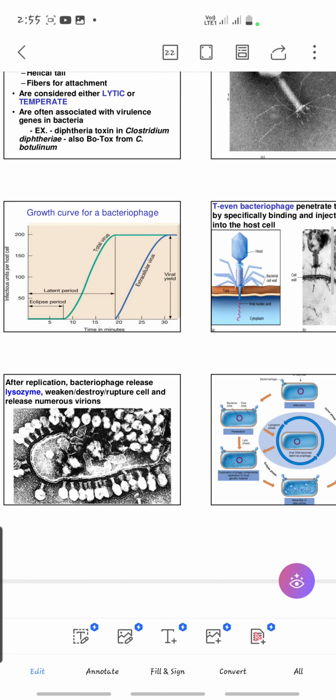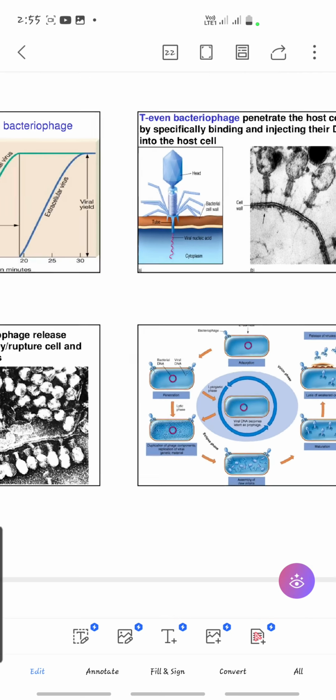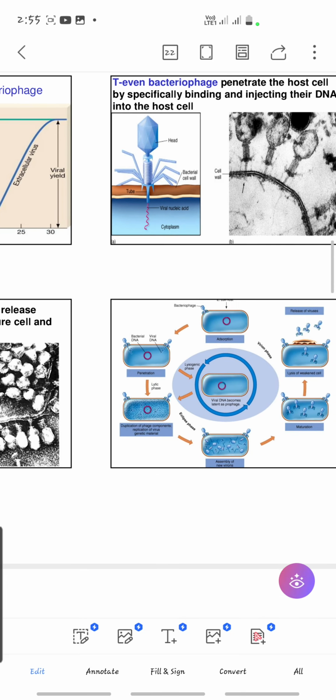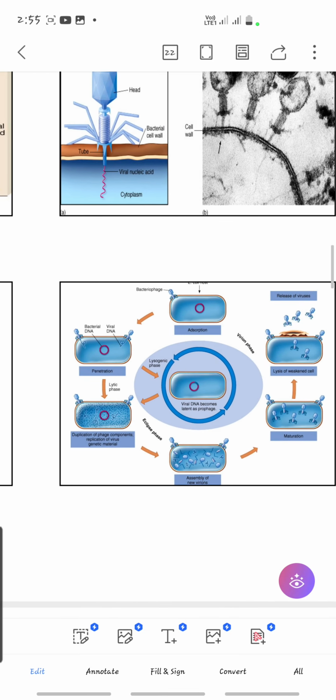Okay? And of course, here we have an illustration of how the assembly of the new viruses occurs. We will not be specifically identifying it as long as you know the flow of it. Okay, from the maturation to the lysis of the weakened cell, and of course, it releases viruses. Then afterwards, it adsorbs, then penetrates, then duplicates the phage components.